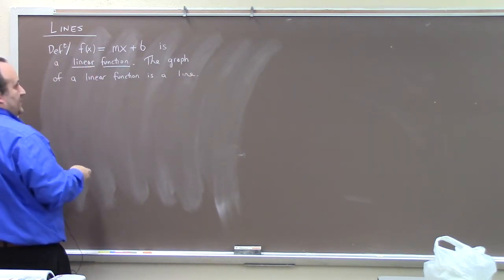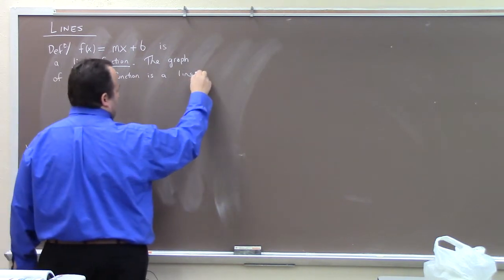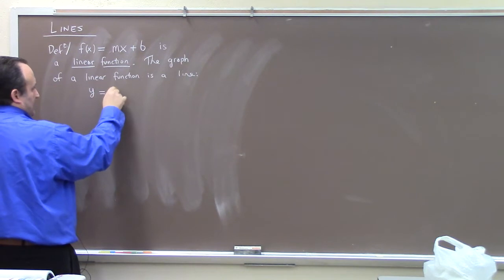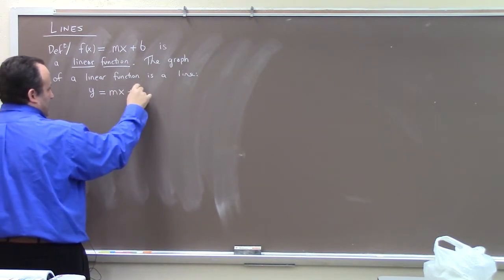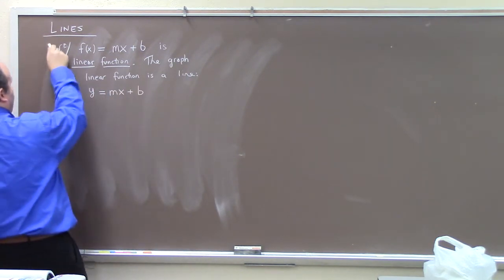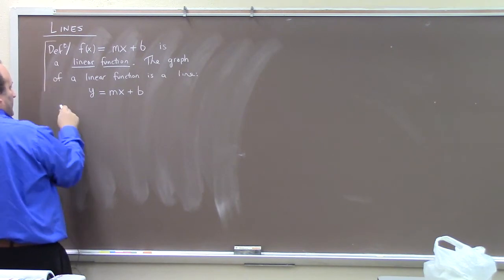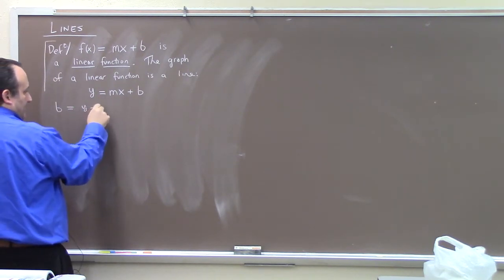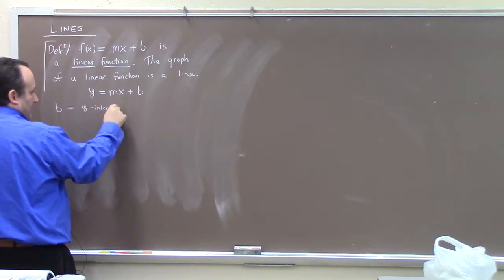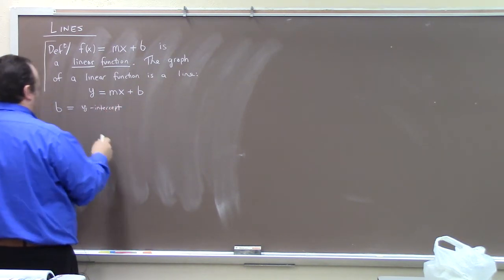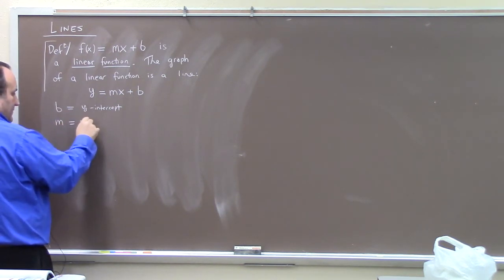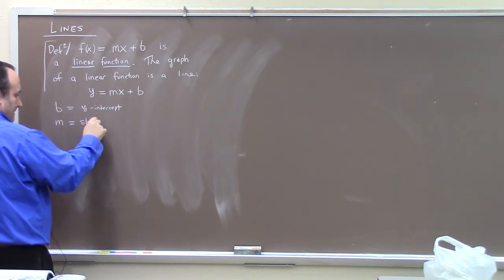So in particular, what's the equation of a line? You can write it as y equals mx plus b. All right? We say b is the y-intercept, and m is the slope, right?